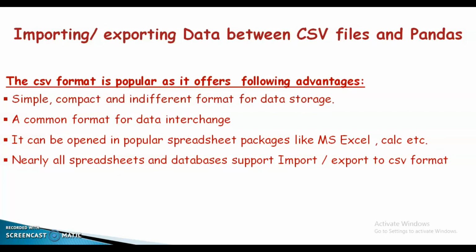That is very simple, compact and indifferent. Then, a common format for data interchange. What is its meaning? That means for all the interchanging of data we can use this format. All spreadsheets or Calc or databases support this CSV format. So it is a common format for data interchange.